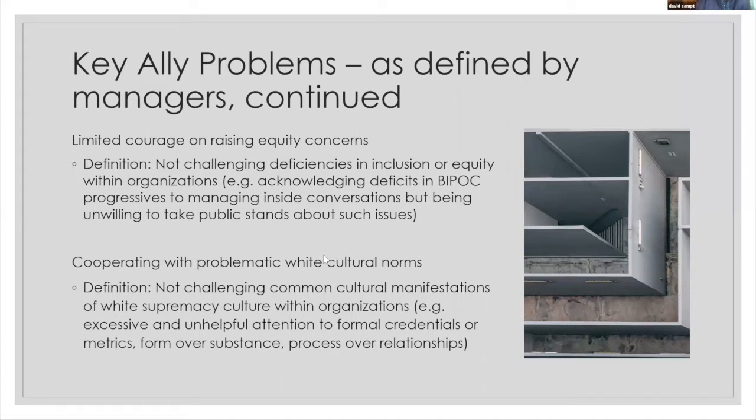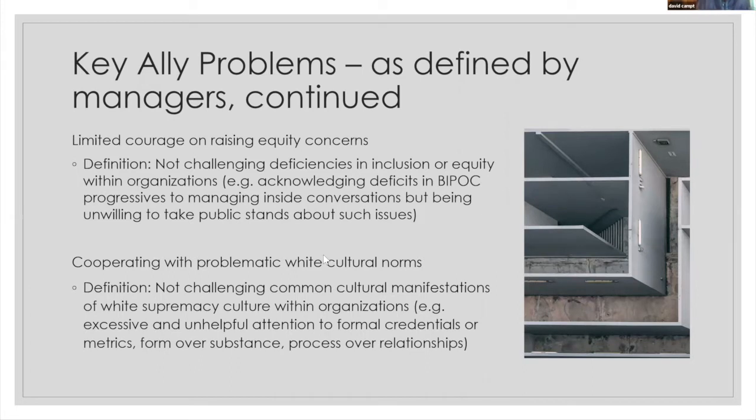Another one is cooperating with white cultural norms in the organization. Even though many of these organizations are run by people of color and are largely oriented toward them, we're still in America and we're subject to all sorts of norms that might not be that functional. So there might be an excessive focus on getting tasks done and not enough on relationships, to the point where things break down.